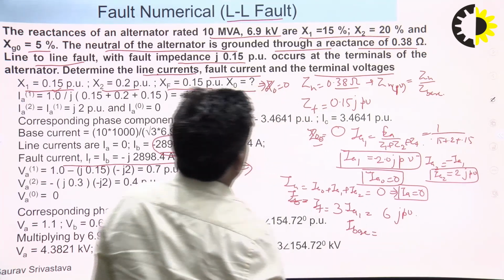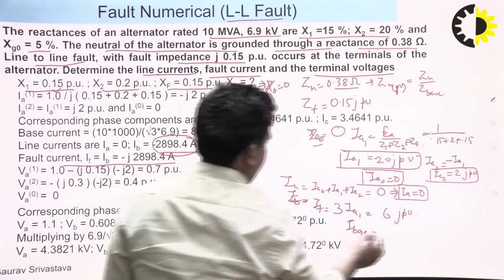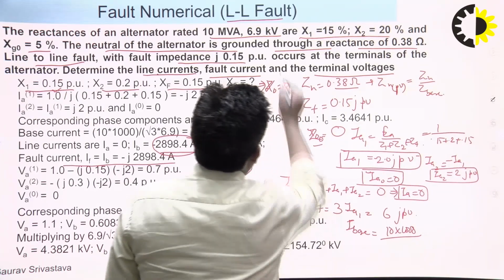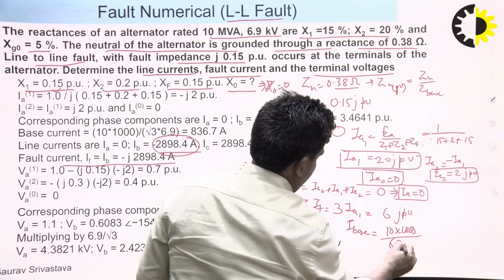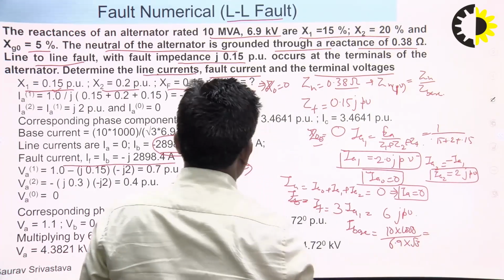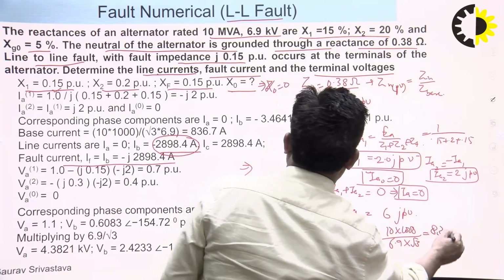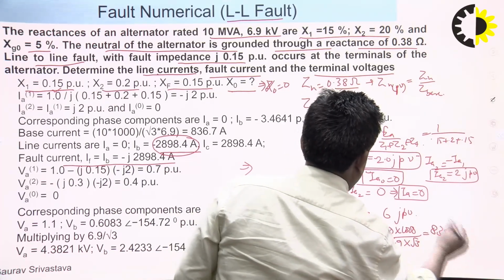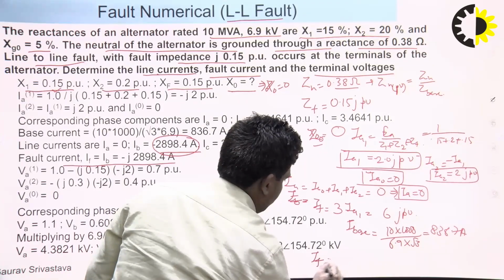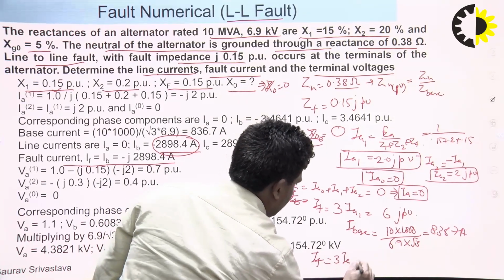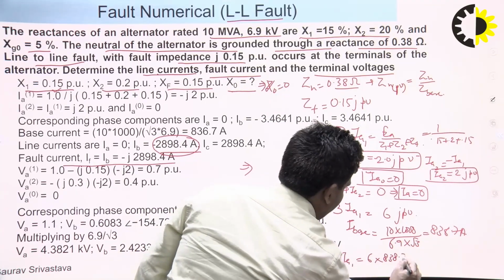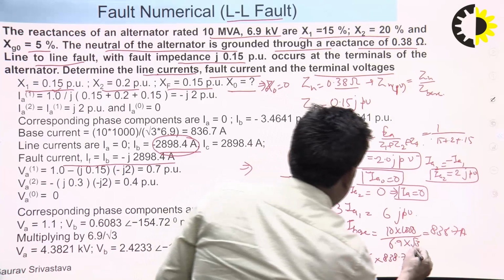How do I calculate I base? Here the MVA rating is given as 10 into 1000, converted to kVA, and the voltage is given as 6.9 into root 3. So the value becomes 836.7 ampere. So right now, if you change the values, the fault current becomes 3 times IA1, that is 6 into 838.7, that becomes the value. Clear?